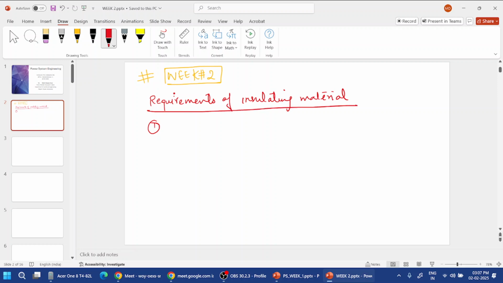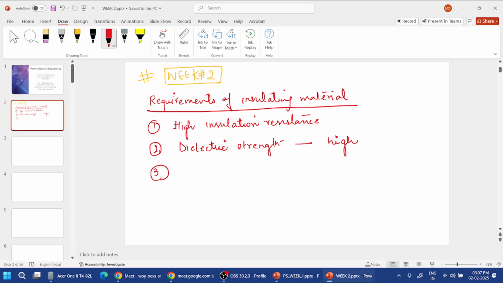The requirement for that insulating material is that it should have a high insulation strength, or we should say resistance. Then the dielectric strength should be high.